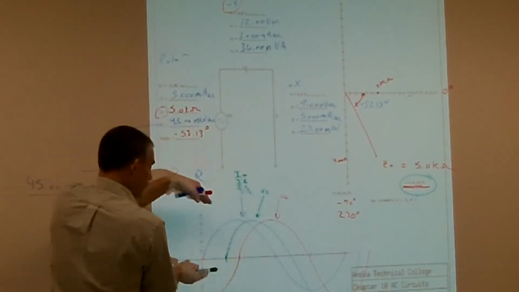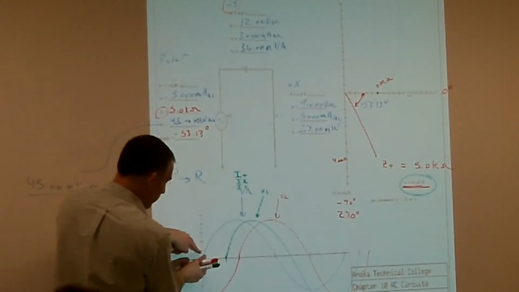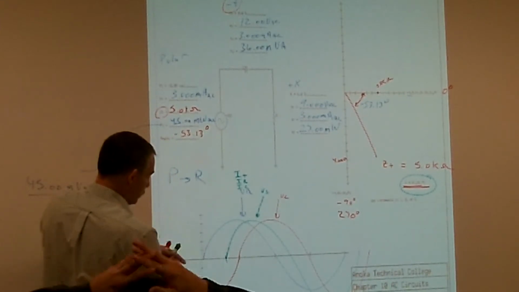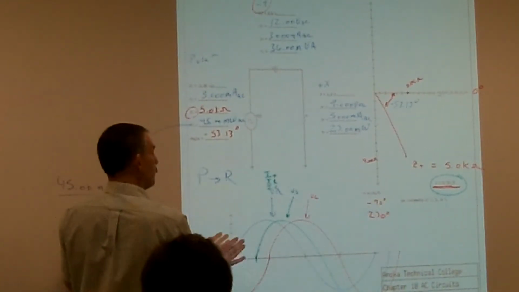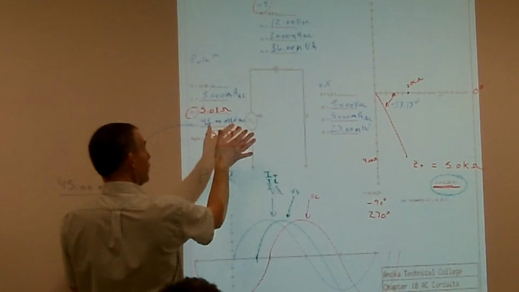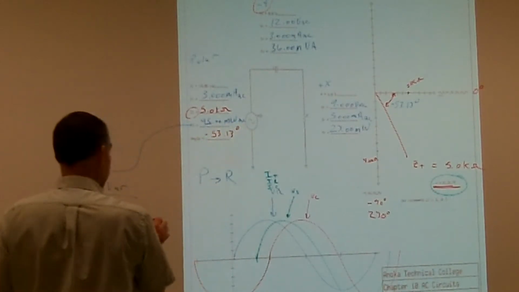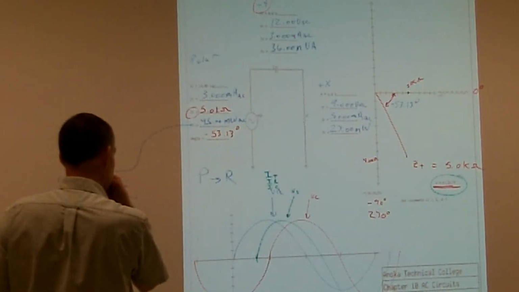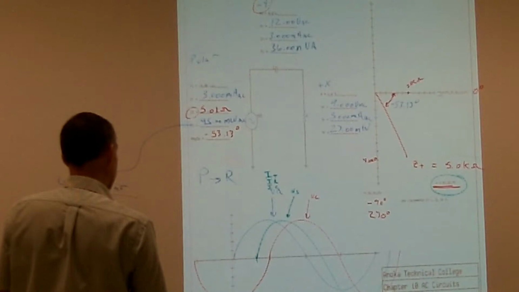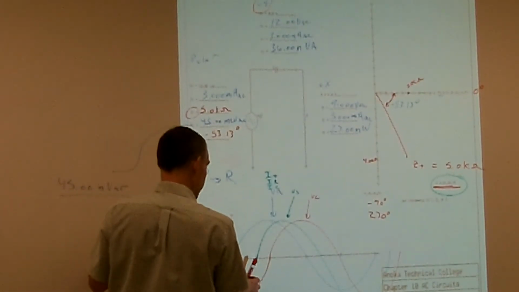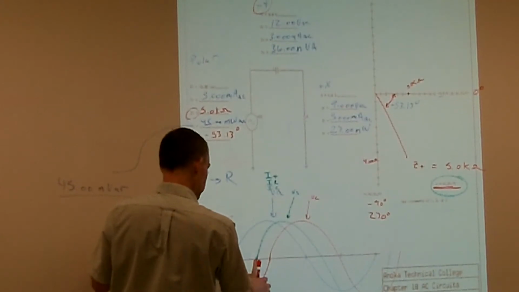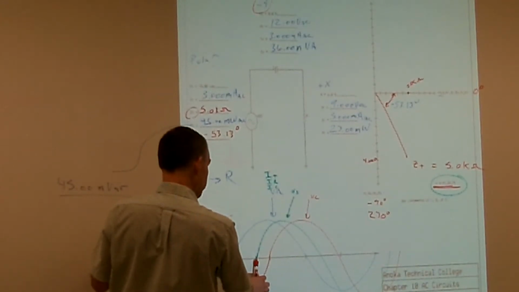So if we're looking at the current in my circuit, when I start putting a signal in here, I think I'll explain that. So I first apply power to my source.